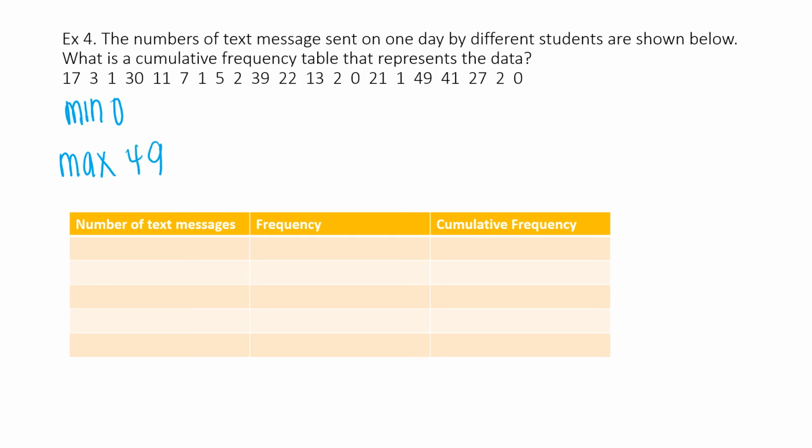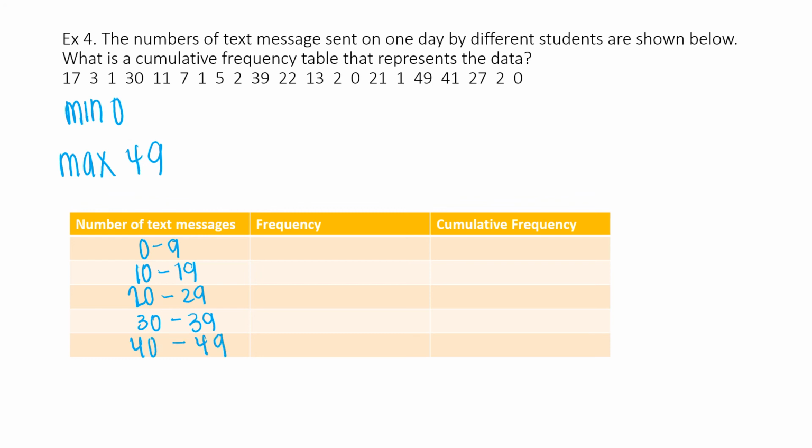So perhaps we want to go by tens. So 0 to 9, that's 10 digits, and then 10 to 19, that's 10 digits, from 20 to 29, 30 to 39, 40 to 49.